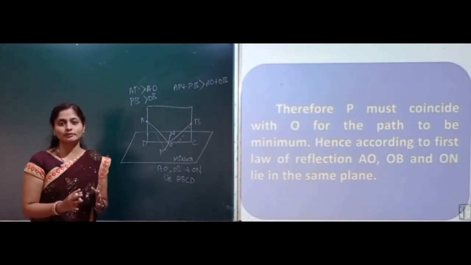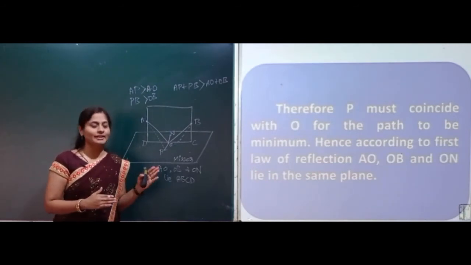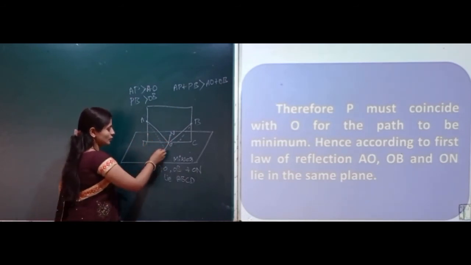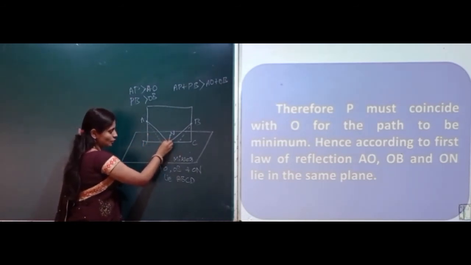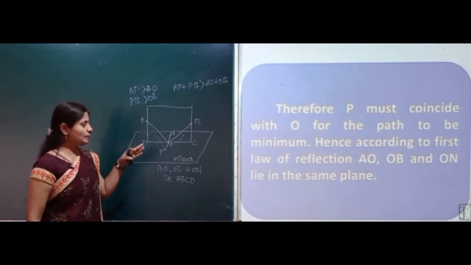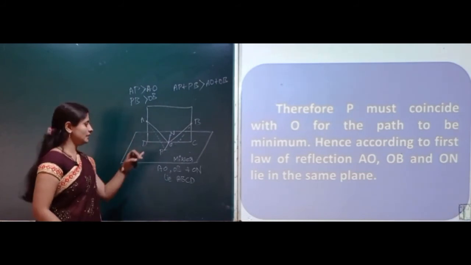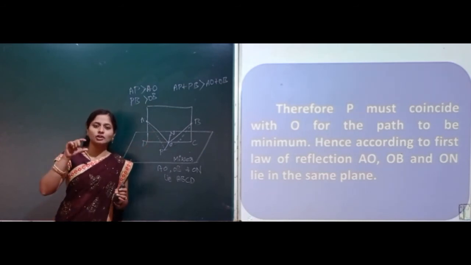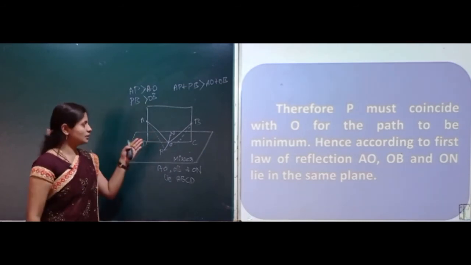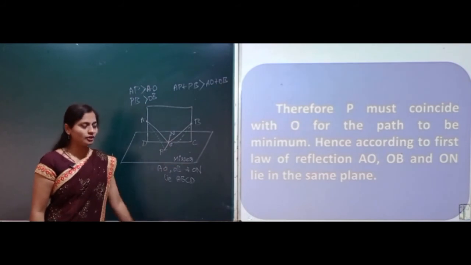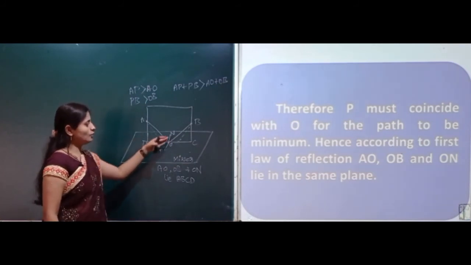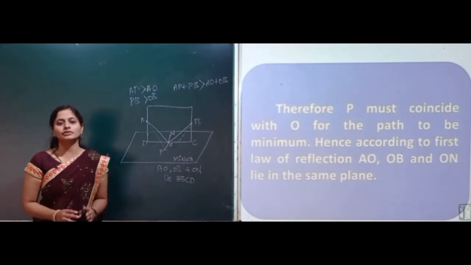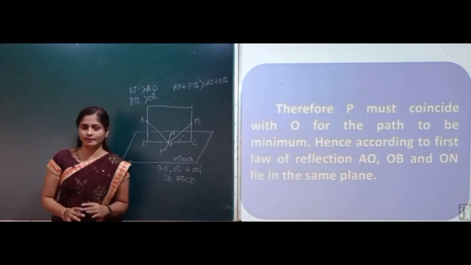So the conclusion of the first law of reflection here: P must coincide with O. P must coincide with O for the path to be minimum. Here O and P coincide with respect to minimum time. Hence, according to the first law of reflection, AO, OB and ON lie in the same plane. So this is the first law of reflection.